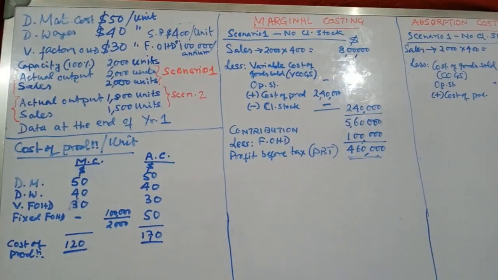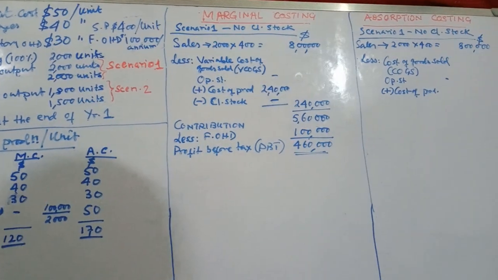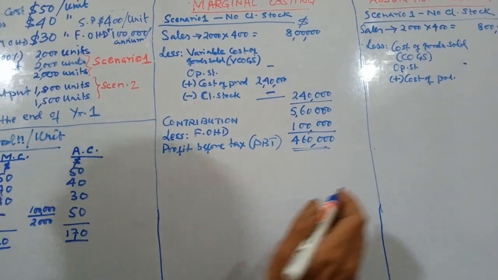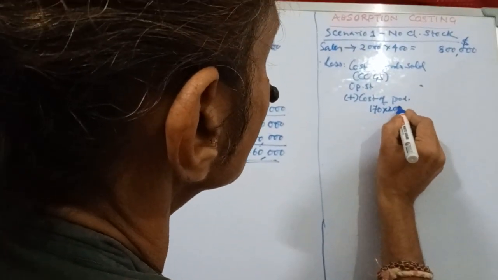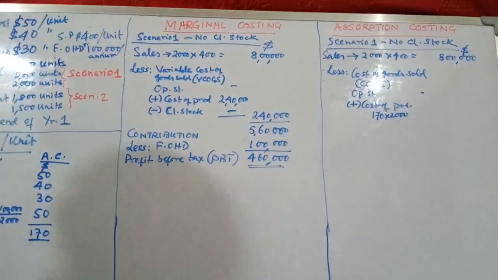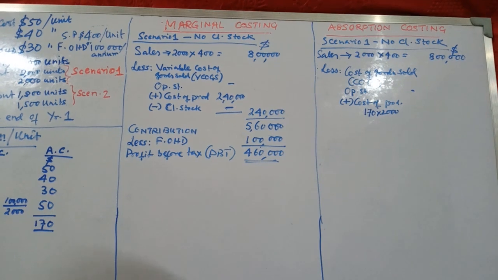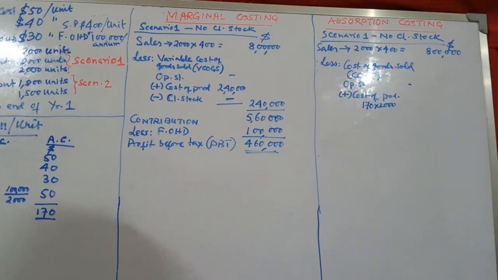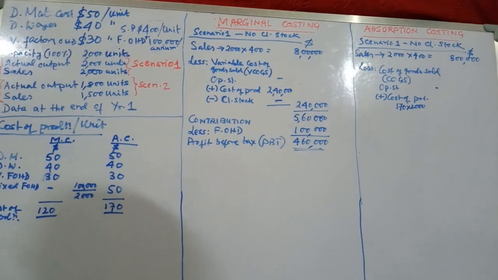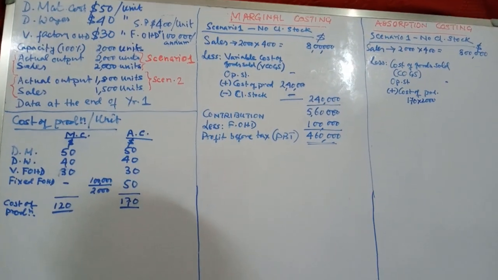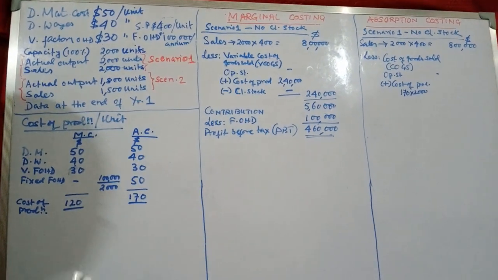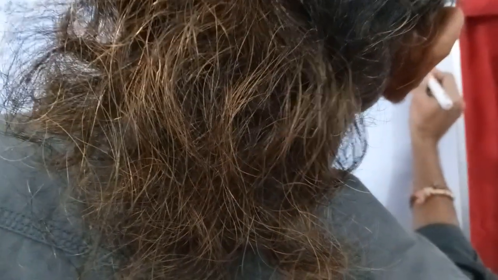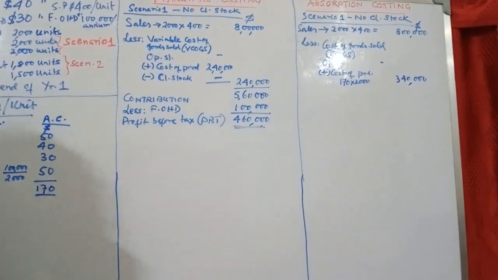So cost of production is 2000 into 170. This gives 340,000.